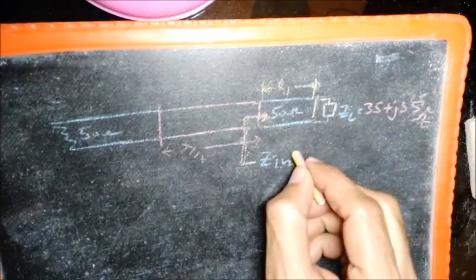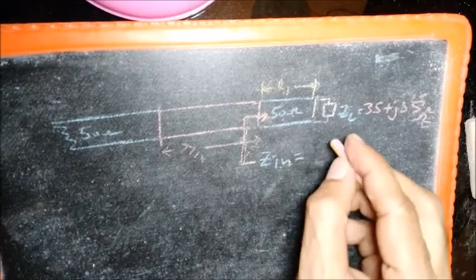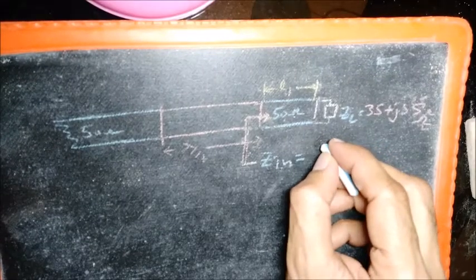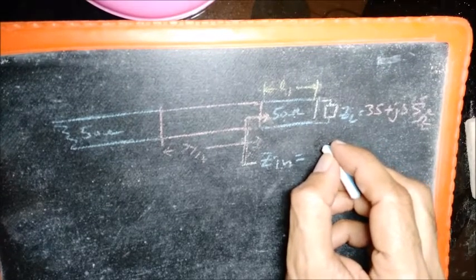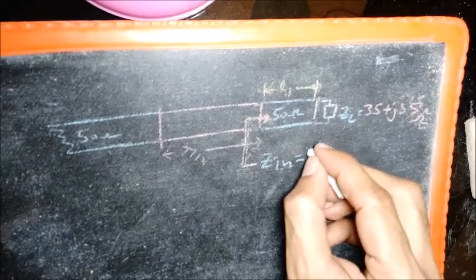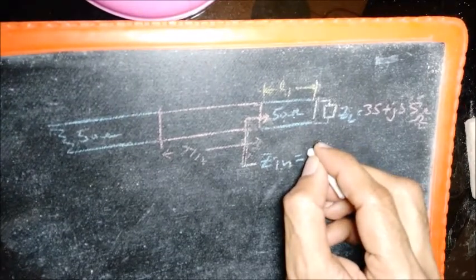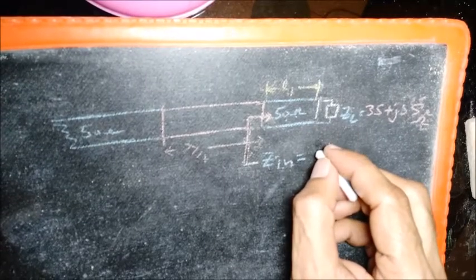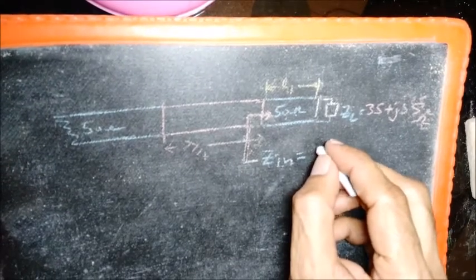So let us calculate the input impedance, and we know the expression for input impedance, again we have been discussing this time and again. Z in is given by Z naught, that is R naught in the case of high frequency approximation.